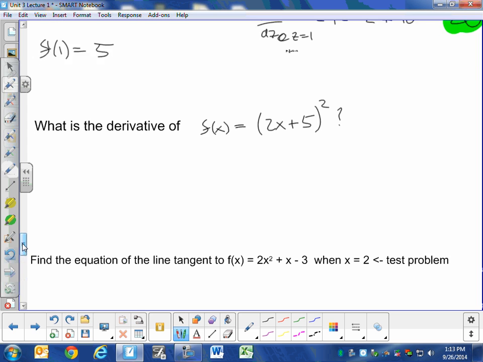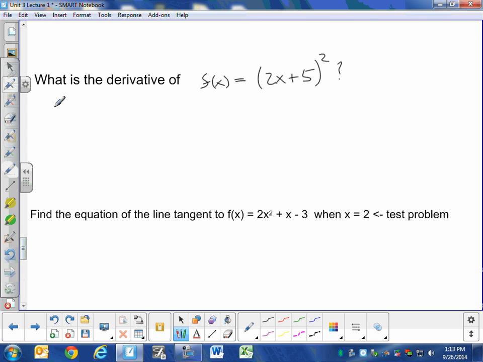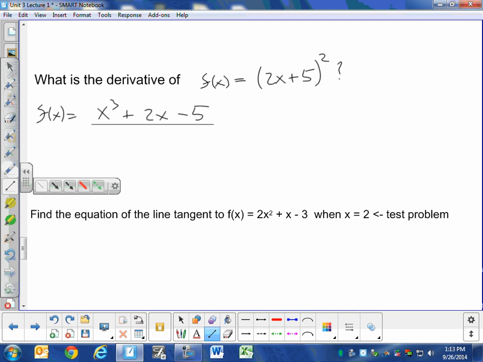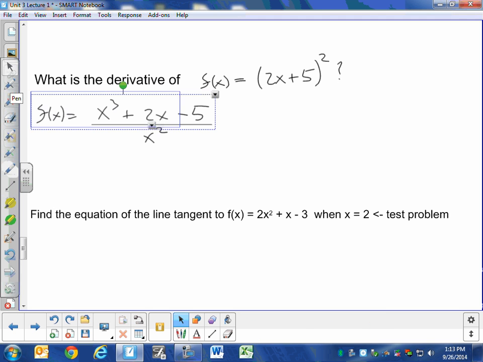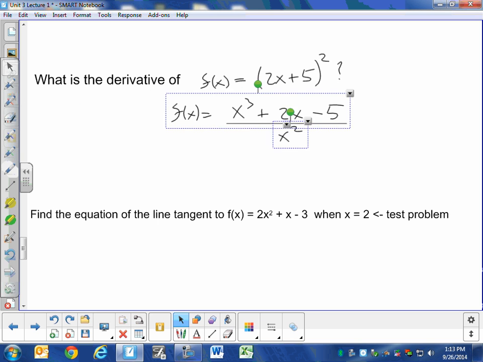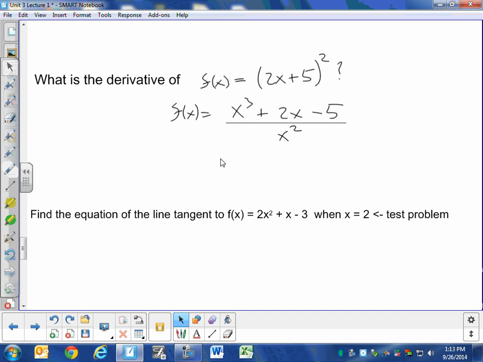What about the derivative of 2x plus 5 squared, or the derivative of this? We're going to do both of them. What do you think we have to do for 2x plus 5 quantity squared?